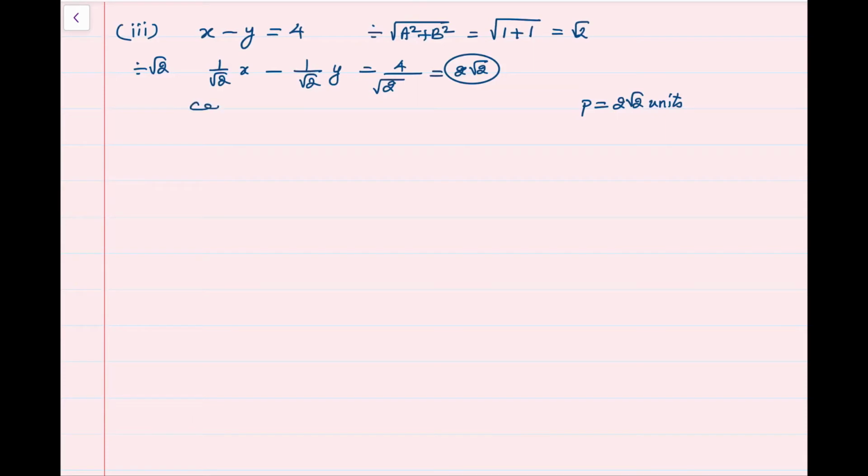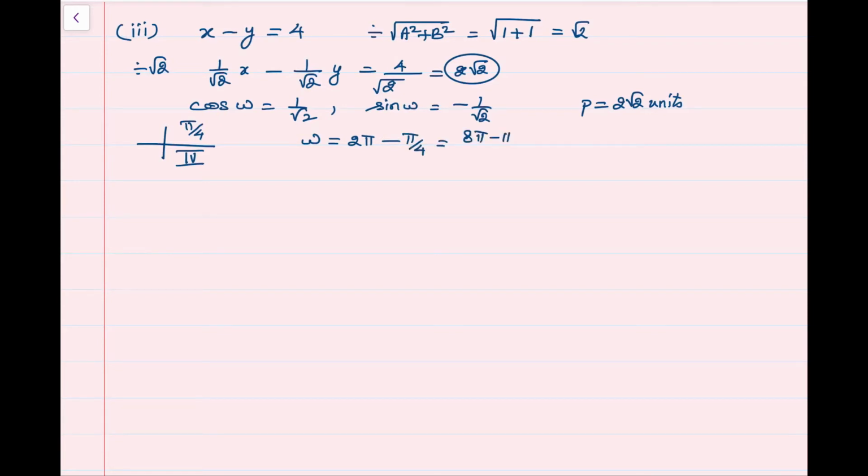The coefficient of x is cos omega, which is 1 by root 2, and coefficient of y is sin omega, which is minus 1 by root 2. Cos is positive, sin is negative in the fourth quadrant, and the base angle is pi by 4. Therefore, omega is 2 pi minus pi by 4, which is 8 pi minus pi divided by 4, 7 pi by 4.